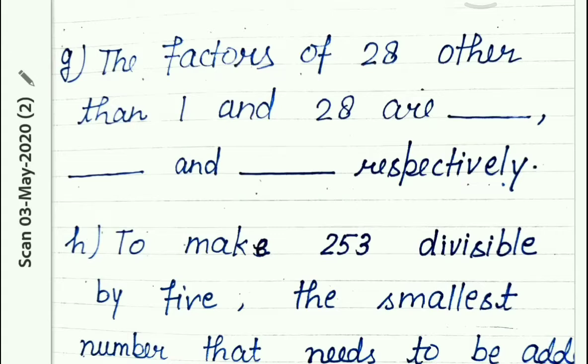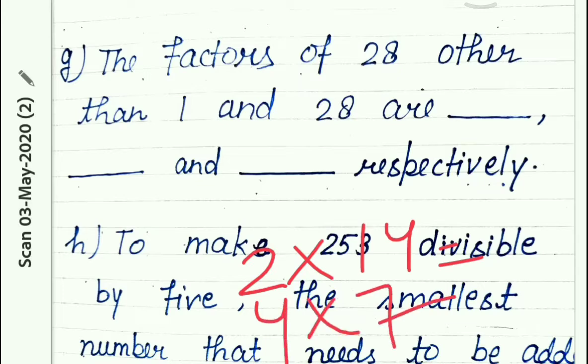So the factors of 28: 28 is divisible by 2 also. 2 by 28, how many times? 14 times. 14 2s are 28. Similarly 4 also, 4 7s are 28. So here you can see the first number will be 2. 2 divides 28. After 2 comes 3, it is not divisible.